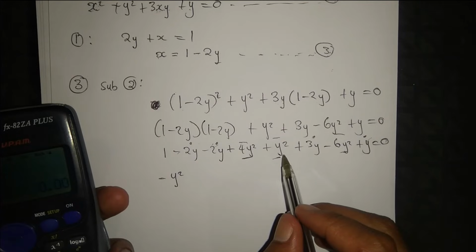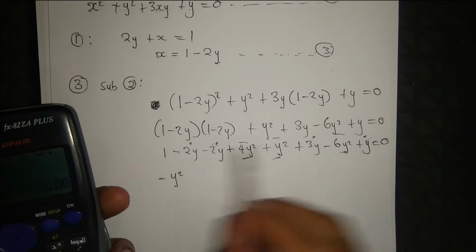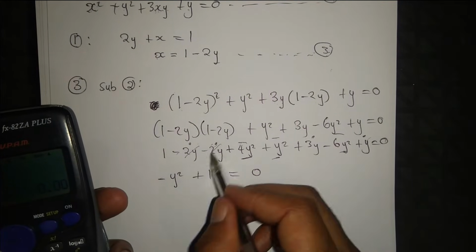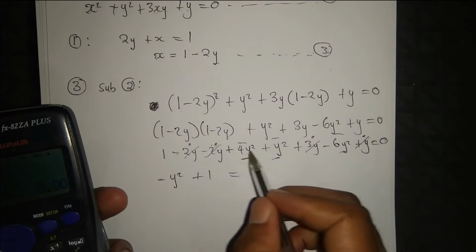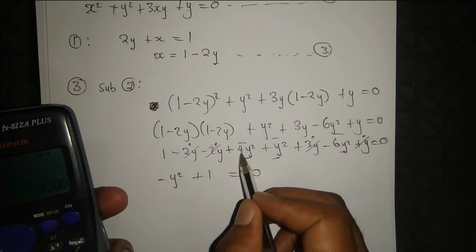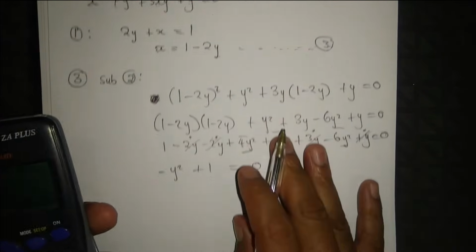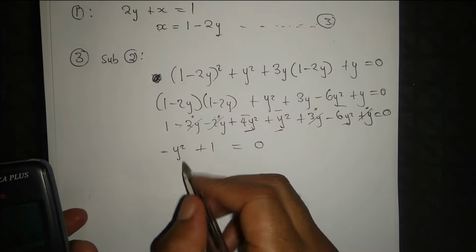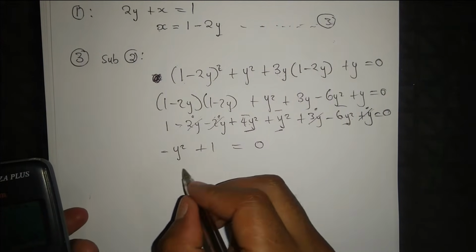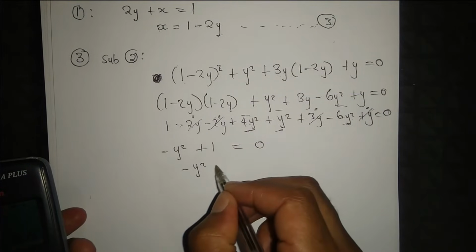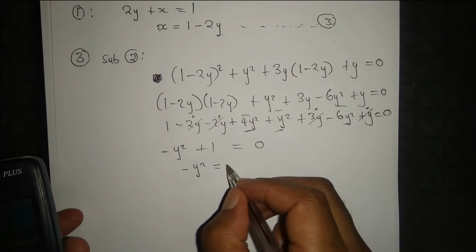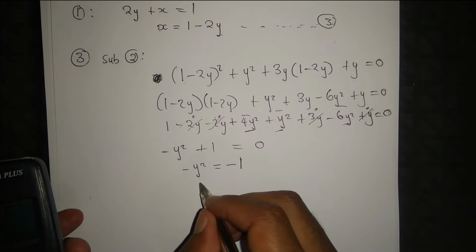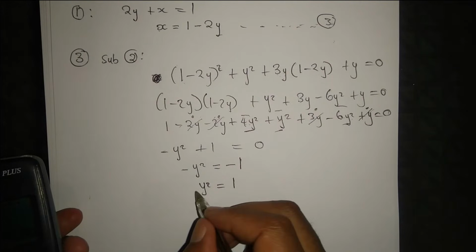Then what are we left with? We are left with plus 1 equal to 0. These cancel. This is 1, 2, 3, which gives minus y squared. So simplifying again, what do we do? y squared is equal to, you transpose the 1 to the other side as minus 1, then divide both sides by the negative sign, and we get y squared equal to 1.